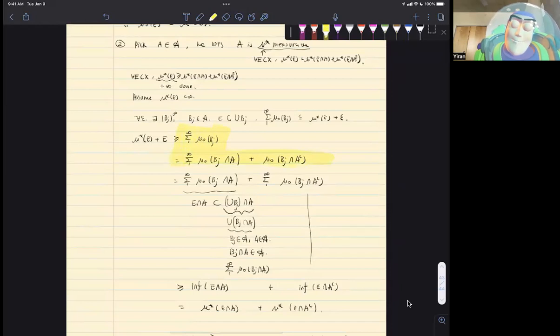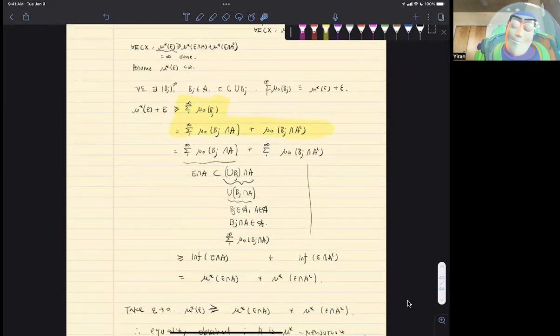So okay, we have this, right? And then what else do we have? So if we have mu of B_j, notice that because of the B_j and because of this, you're thinking about the connection between the union of B_j with E, right?